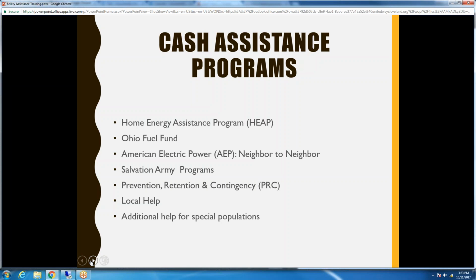If it comes up with the caller's zip code, read everything carefully and ensure that the program will work for the caller. You will really see local help for heating fuel assistance and water service payment assistance. You'll see a little bit more local help for those type of things. And then, of course, make sure you use any target terms, as there may be additional help for special populations such as veterans, those dealing with cancer or HIV/AIDS.